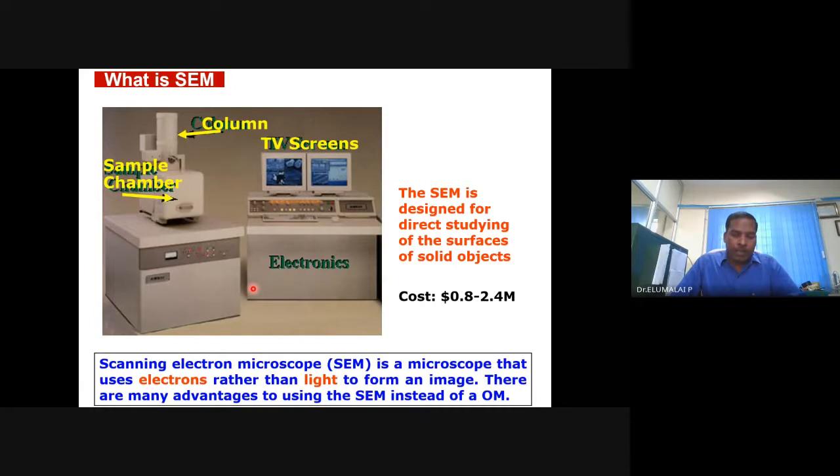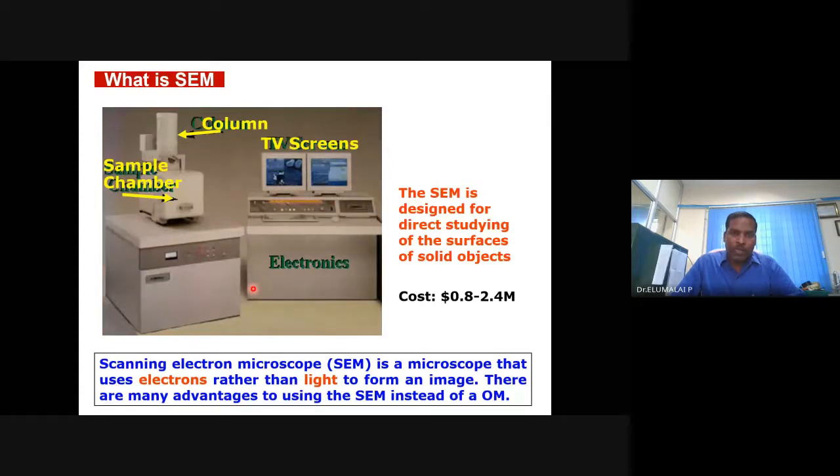In the scanning electron microscope, instead of light or optics, electrons are used to image the surfaces. That's the main difference. It means that you will have to generate the electrons. Then you will have to accelerate the electrons. Then allow the electrons to interact on the surface of the material.